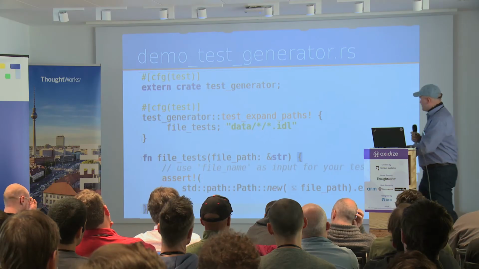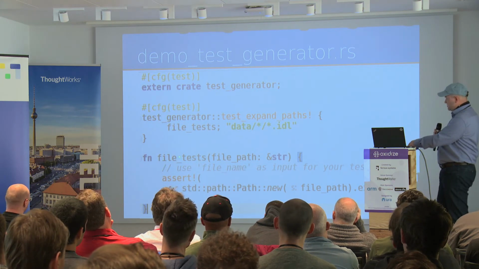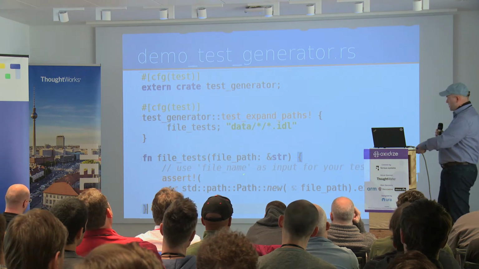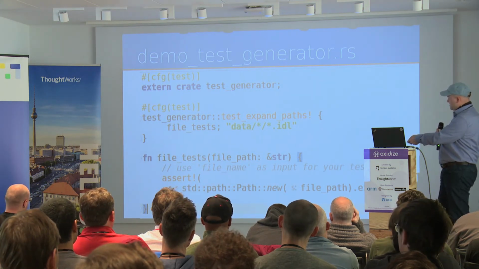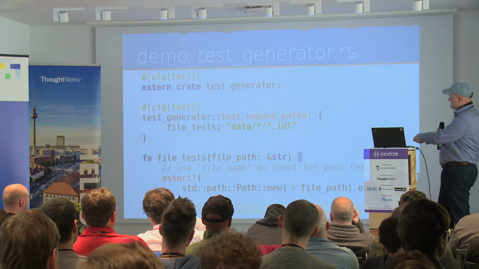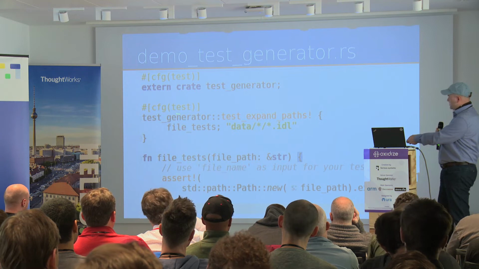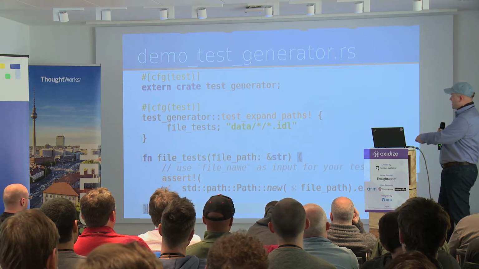In my case, using the test generator, it's a similar approach. I'm implementing one test function, and then I instantiate a proc macro from my crate test generator, which is called test expand paths.